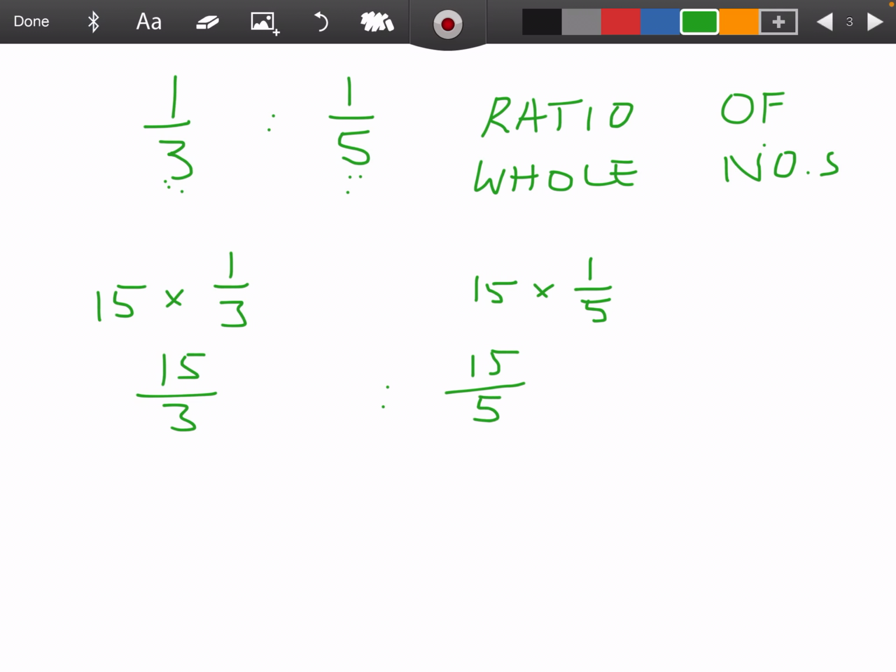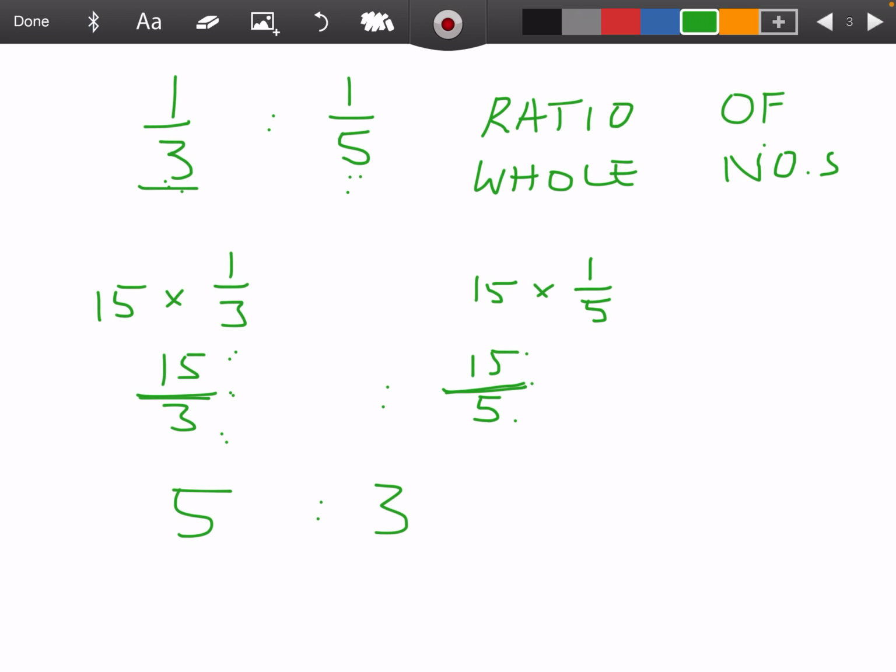And then I can divide those, 15 divided by 3, because remember our line in our fraction just means a division. 15 divided by 3 is 5. And 15 divided by 5 is 3. And 5 is to 3 is the ratio here.